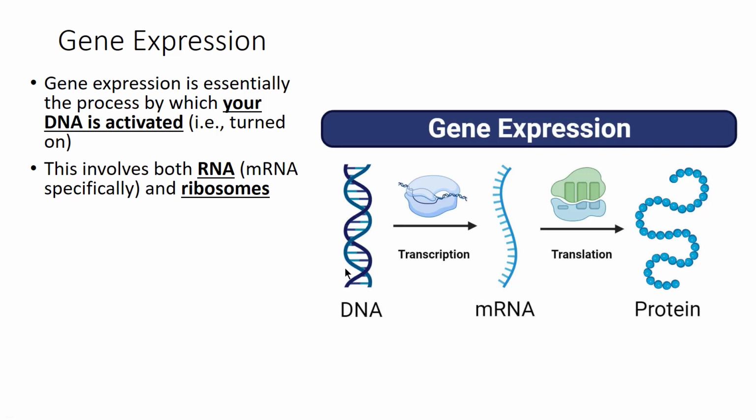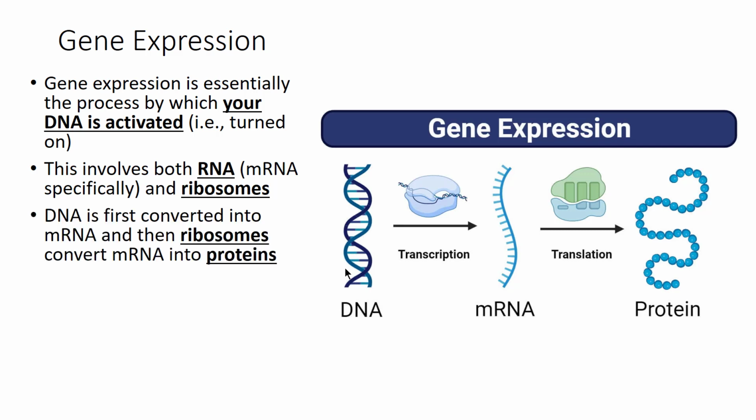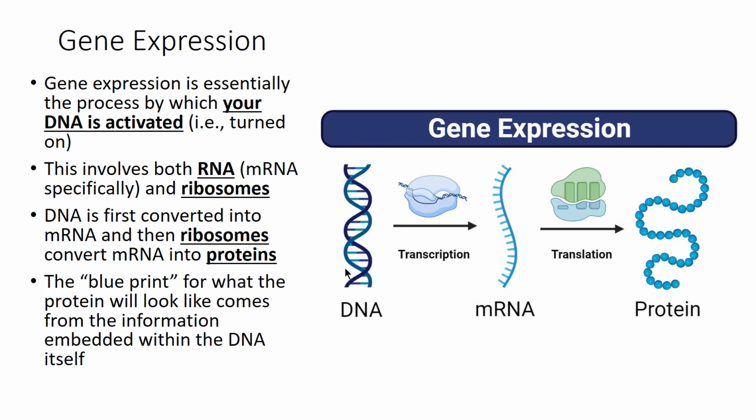Much like a blueprint becomes a physical product, gene expression begins with DNA and ends in protein. That's where ribosomes come in. They are the key part of building the protein towards the end of gene expression. So the blueprint is the broad analogy for that process.